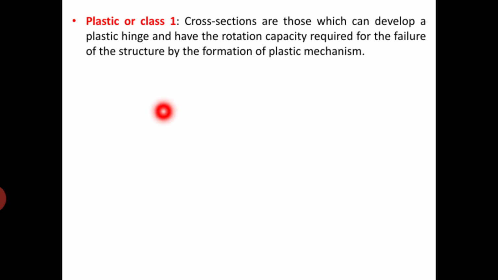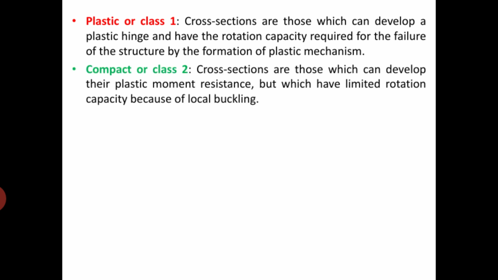The cross sections are those which can develop a plastic hinge and have the rotation capacity required for the failure of the structure by the formation of plastic mechanism. They are called as a plastic section.